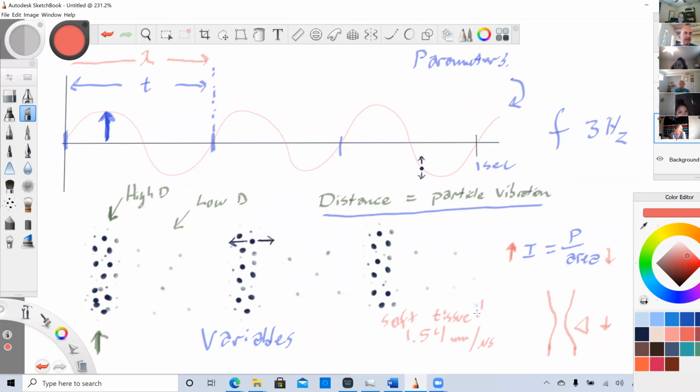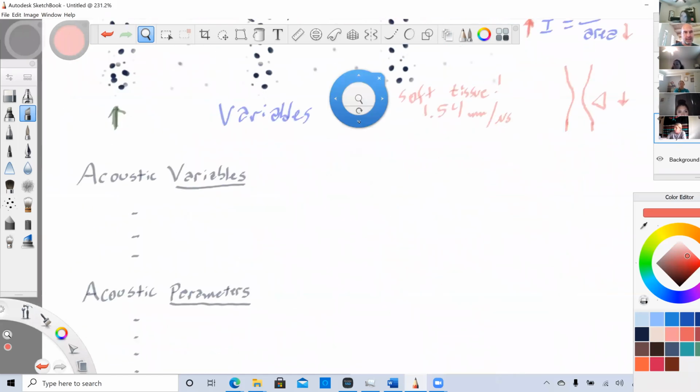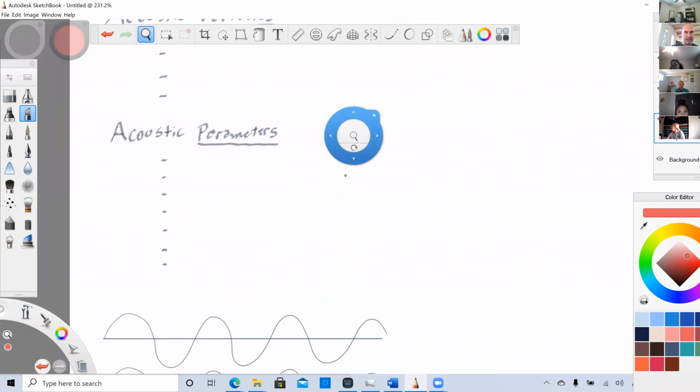Longitudinal, in phase, out. Okay, I was going to write all that down, but it's right in the book. I'm not going to write it down.